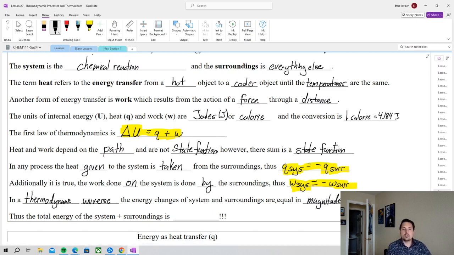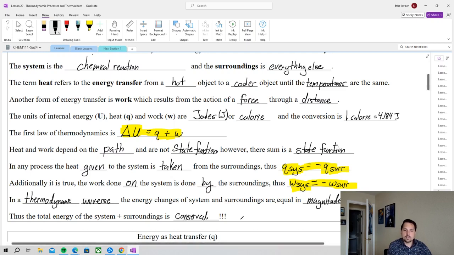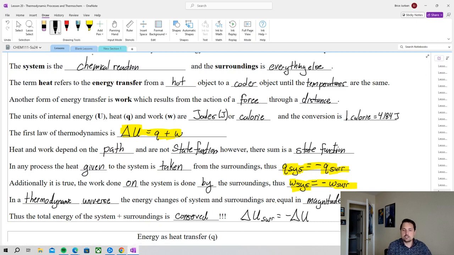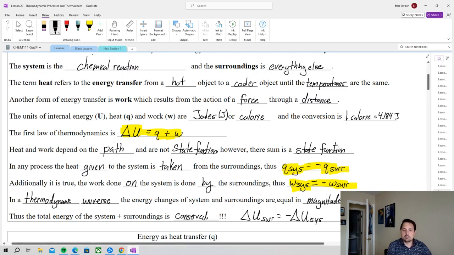So one other way we can say this is that the total energy of the system and the surroundings is conserved, meaning the change in the internal energy of the surroundings is going to be equal to the negative of the change in the internal energy of the system.